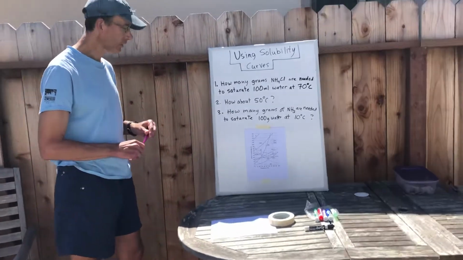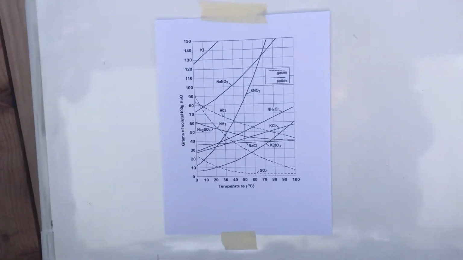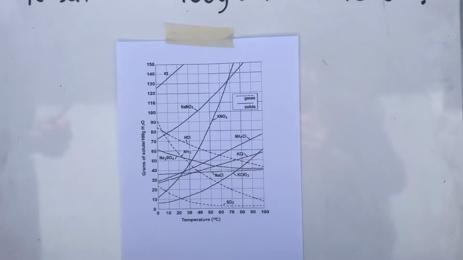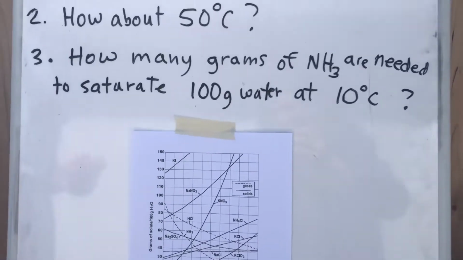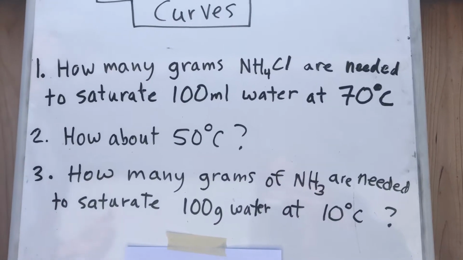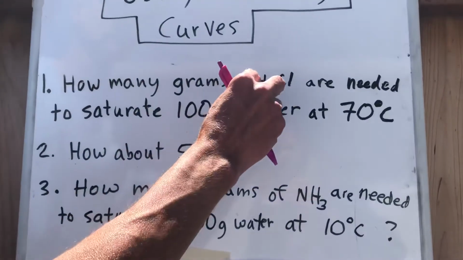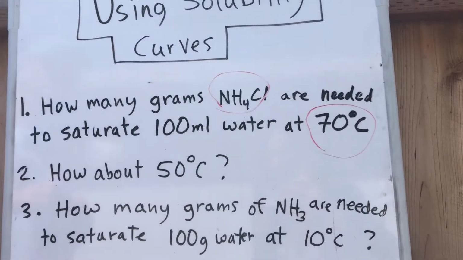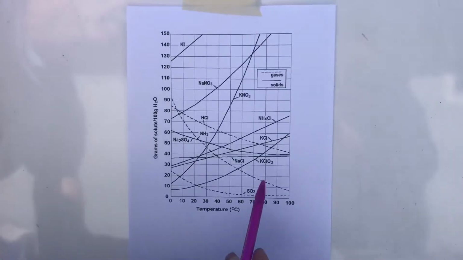To do that, we're going to look at the graph carefully. The first question says, how many grams of NH4Cl, that's ammonium chloride, are needed to saturate 100 milliliters of water at 70 degrees? So you're going to have to find NH4Cl, and that is here.